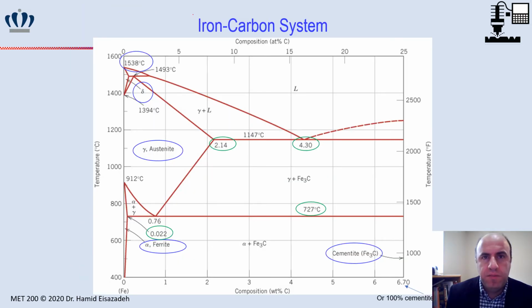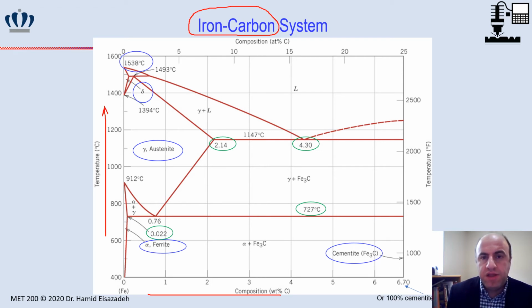This is a phase diagram for iron carbon. And as you see, we have the composition here, and this axis is temperature, right?